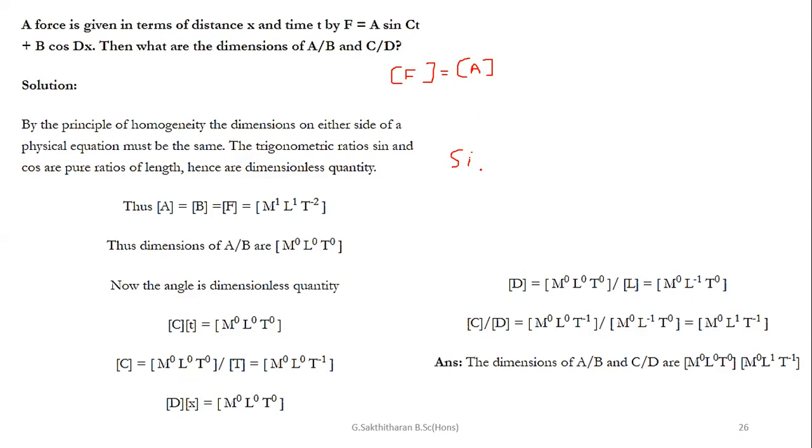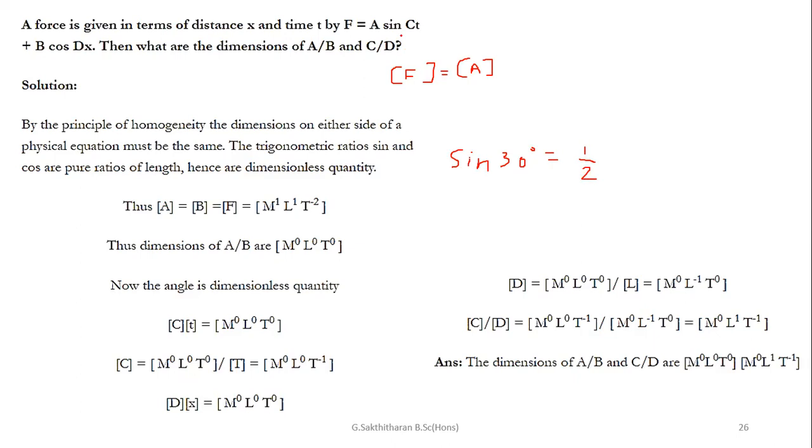So here sine CT and cos DX don't have dimensions. For example, sine 30, the value of sine 30 is half. This is the value, this is a constant.